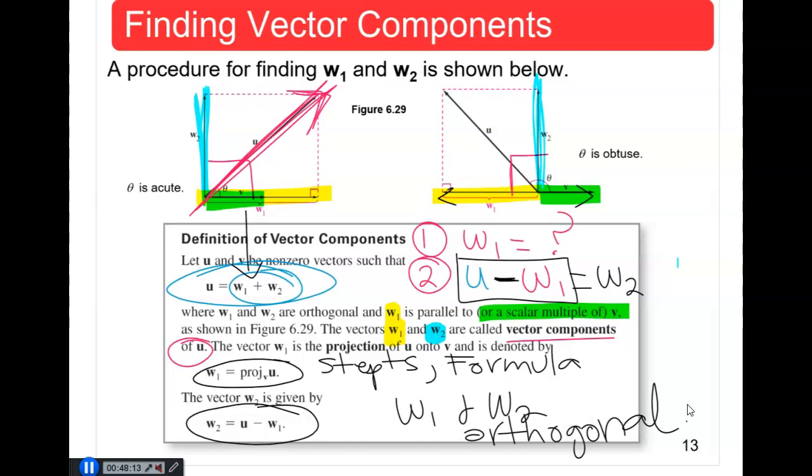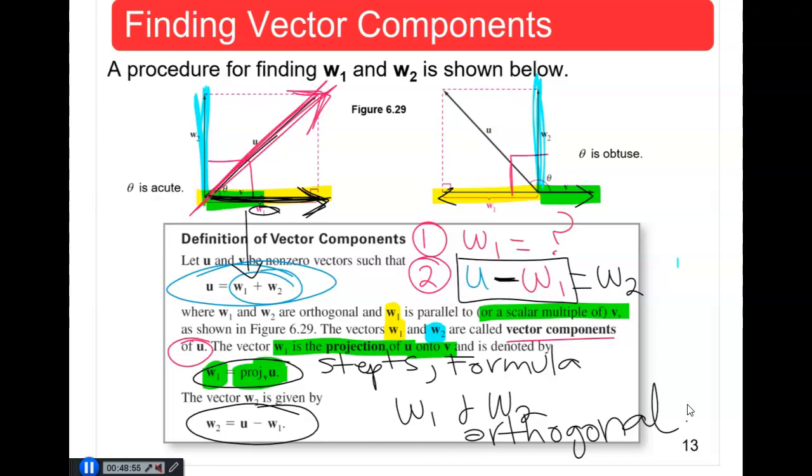Okay, so what we see here of w sub 1 is a projection of vector u onto v, and it's denoted like this. And so you could see that on the drawing on the left, it's almost as if w sub 1 was an extension of vector v, and like we said, it is a scalar multiple.